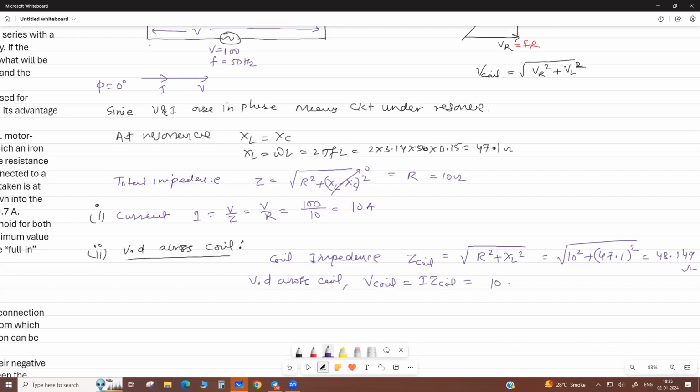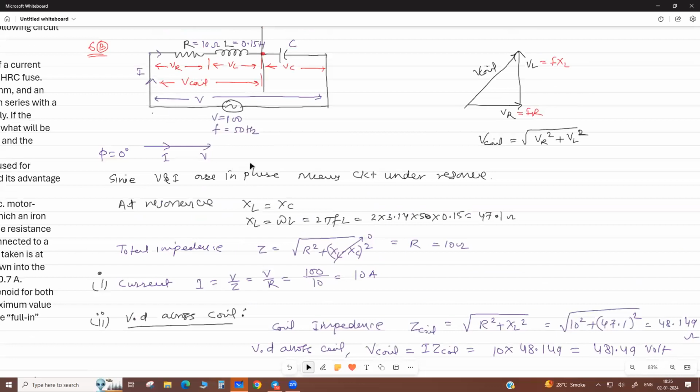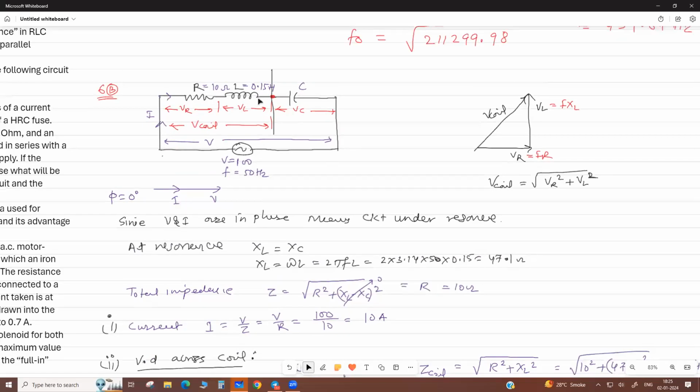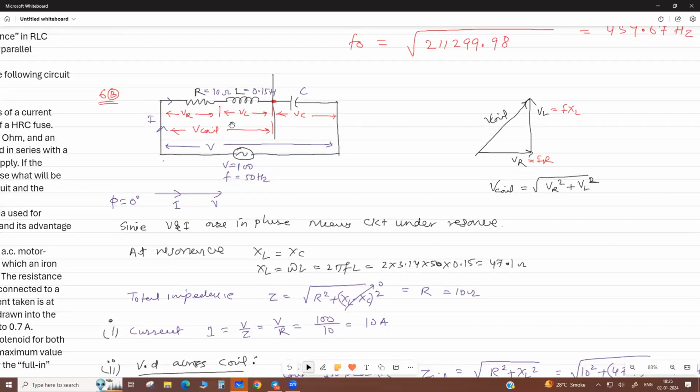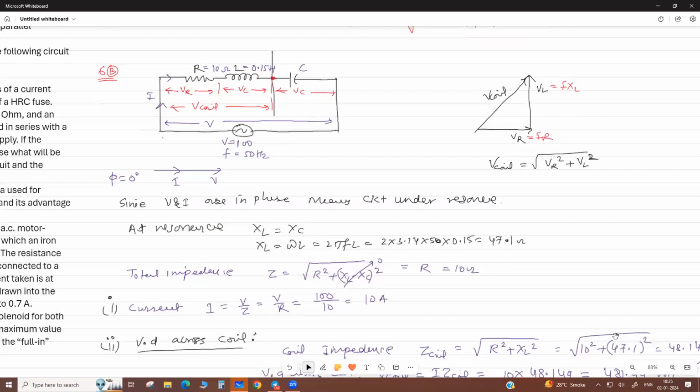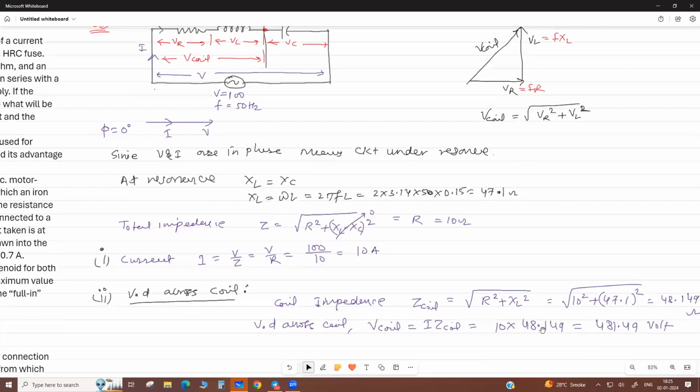Your current is 10 ampere, Z is 48.149, so it comes to 481.49 volt. See, we apply only 100 volt, but what is the voltage across the coil? Almost 500 volt, 481 volt.